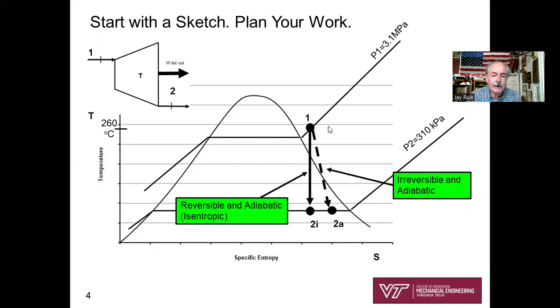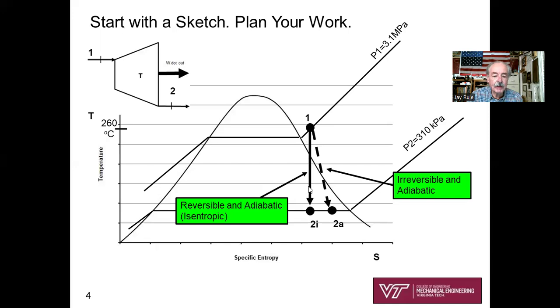Now let's see, we know our turbine is adiabatic and irreversible, and we have the turbine efficiency, 75%. So we're going to draw two process lines. One would be this vertical isentropic line. That's going to enable us to get the isentropic work.